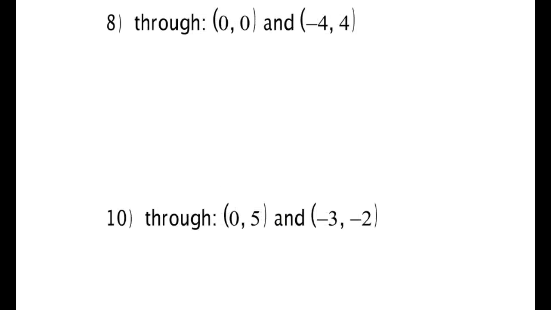Here we go. Okay, so as I mentioned, you want to have like a 3-column thing going on. I'm going to find the slope. I'm going to find the y-intercept. And then I'm going to have my answer over here.